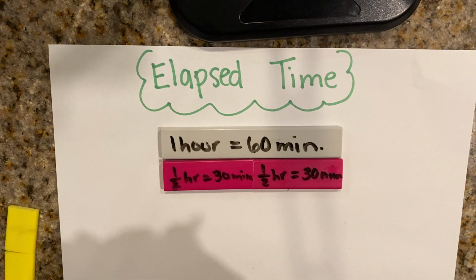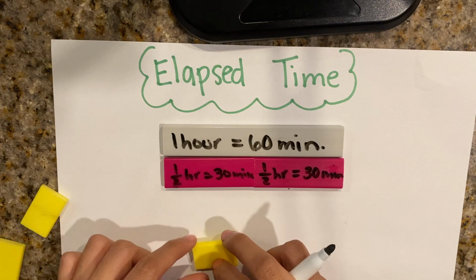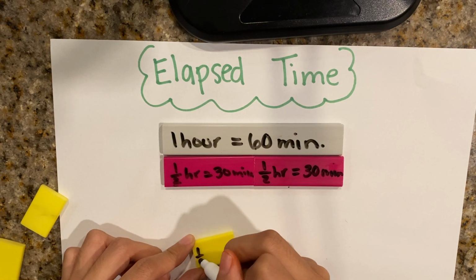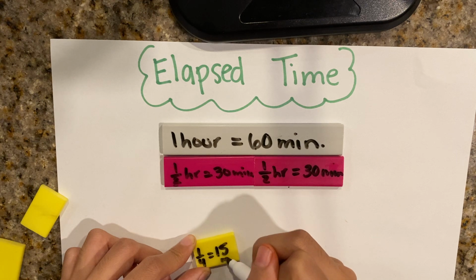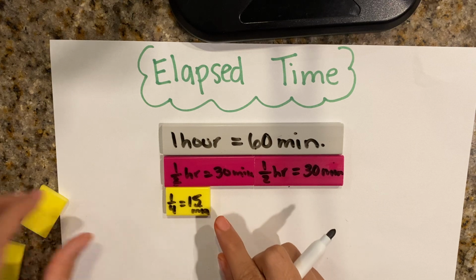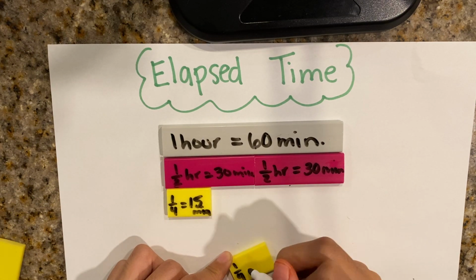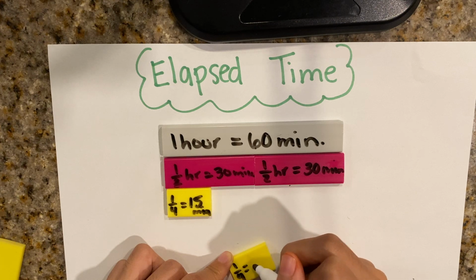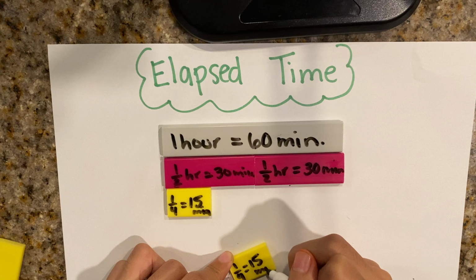And then the last thing that we're going to add to our chart is 1/4. So 1/4 of an hour is equal to 15 minutes. And we know we have 4 quarters in 1 hour.